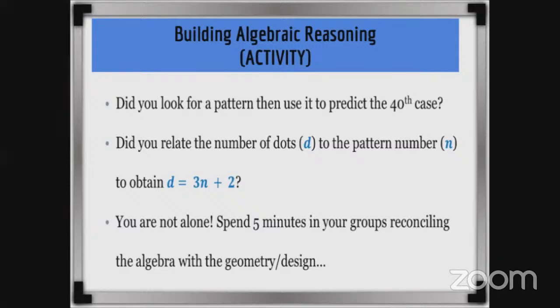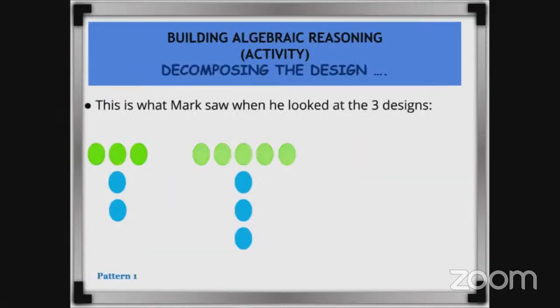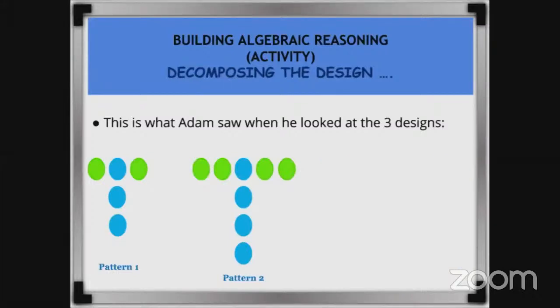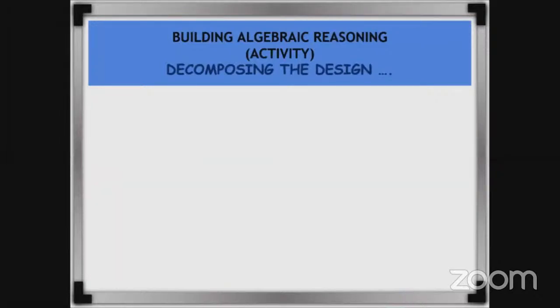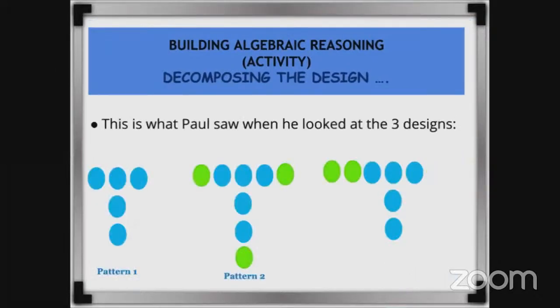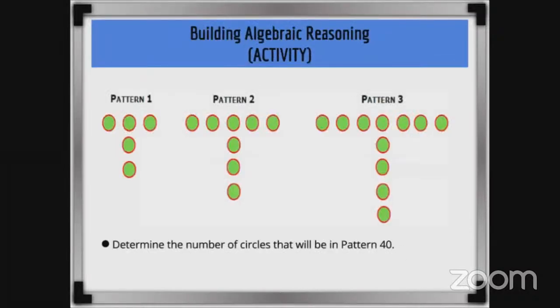So let us go back to the first one. It doesn't matter, it's the same thing here. I'm trying to take you back to our first image. Here we are. So we have the first pattern, you would have had how many dots? You'd have had 5 dots.